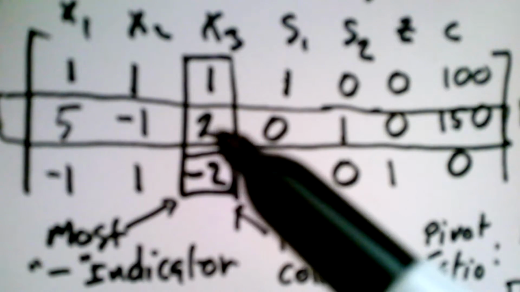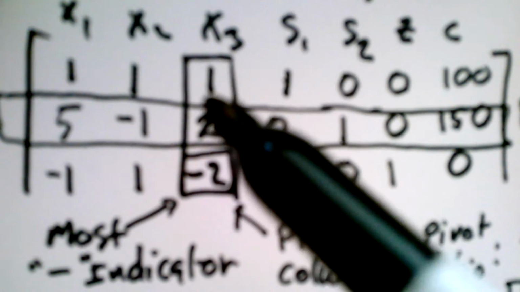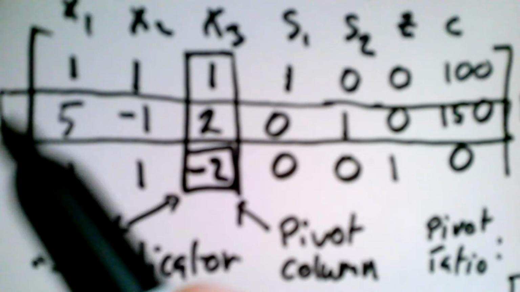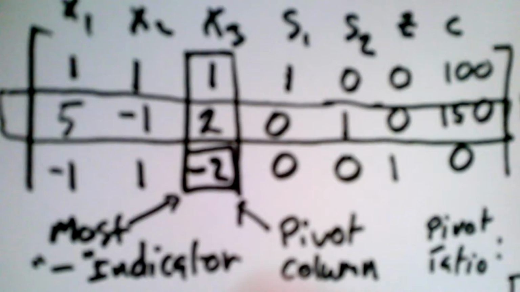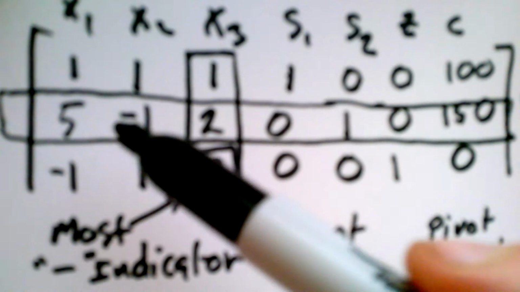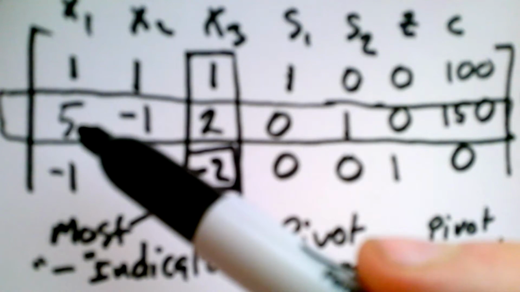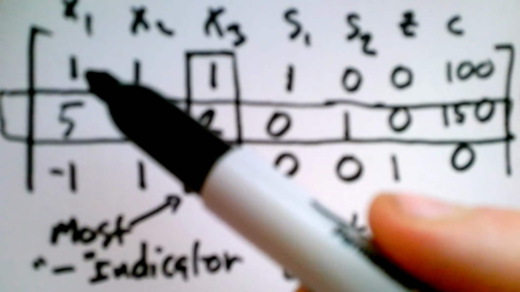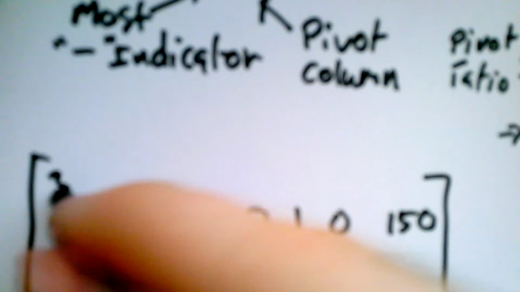So 2 minus 2 times 1 is 0. And I'm going to have to do that in all of my columns for this computation. So I'll start here. 5 minus 2 times 1 is 3. -1 minus 2 times 1 is -3.